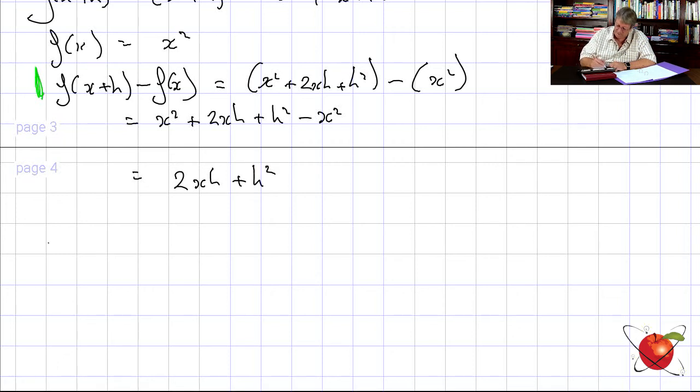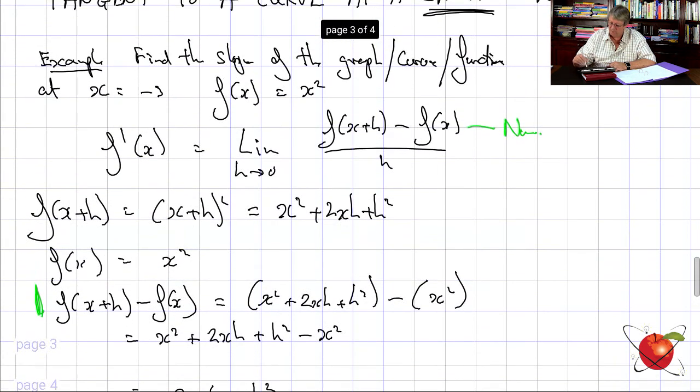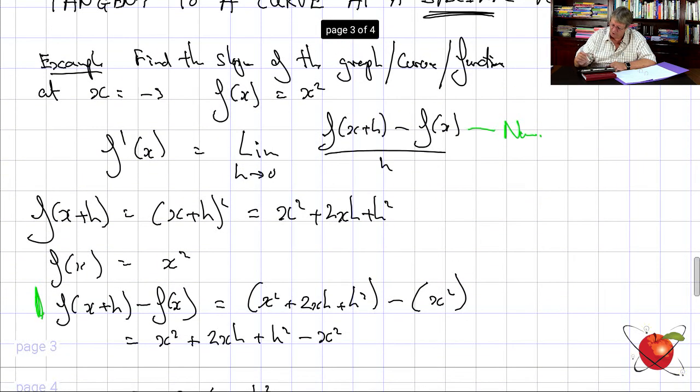Now I say that f prime of x is going to be equal to the limit as h tends to 0 of 2xh plus h squared over h. What did I do now? I just substituted what I got into the numerator.